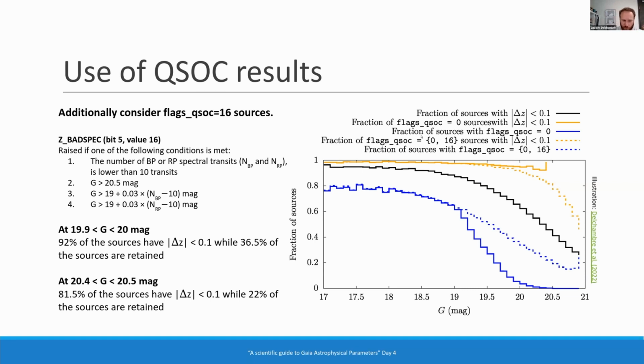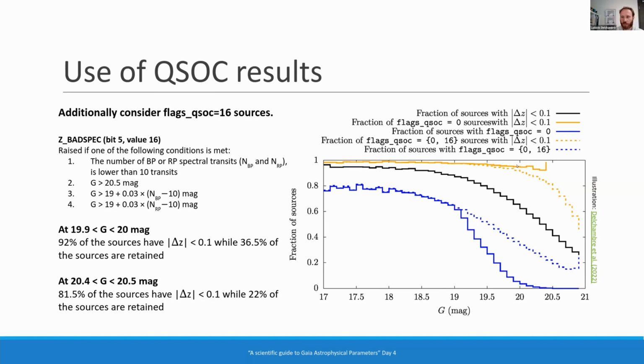If we go further, we can even look at some of the faintest sources that Gaia is processing, meaning between 20.4 and 20.5. We see that we have virtually no sources that do not raise a warning flag in this range.